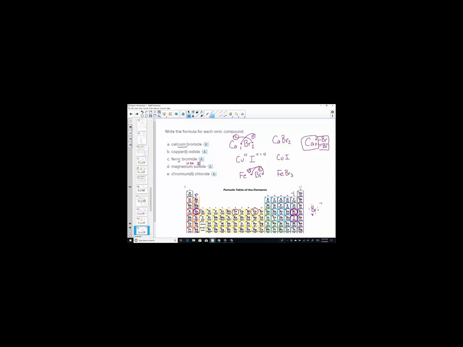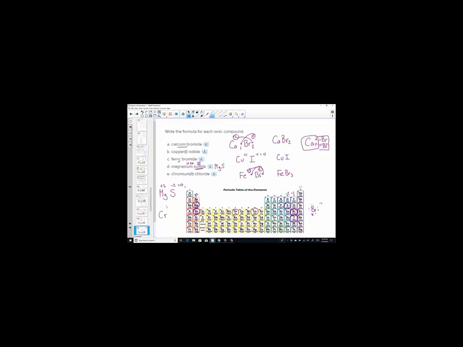Letter D, magnesium, who's a +2, sulfide, that's the element S, group 6A is a -2. That's 0 already. That's just simply MgS, magnesium sulfide.